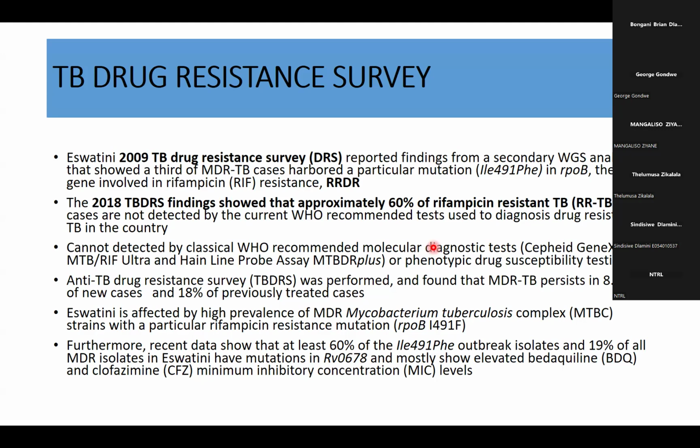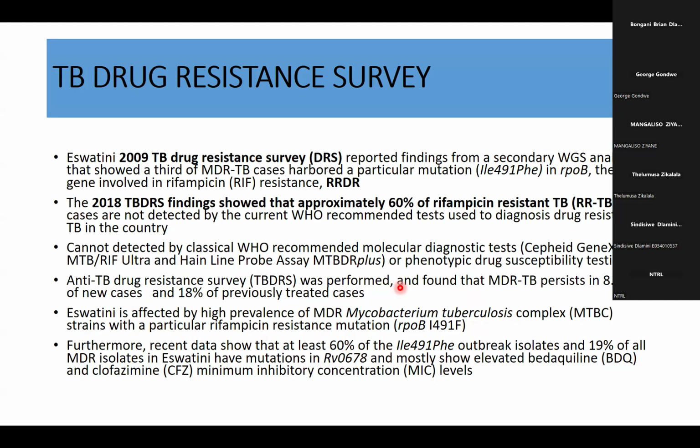Another point of note was that amongst these I491F strains, 20% of them were actually having a mutation to the newly introduced drugs, which are bedaquiline and clofazimine.